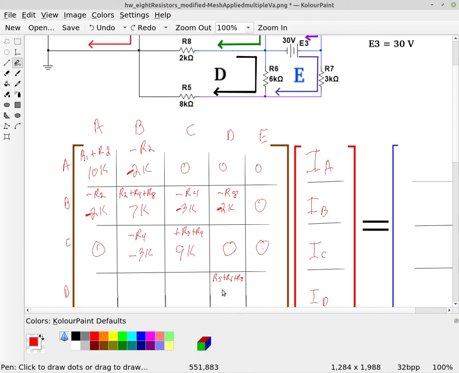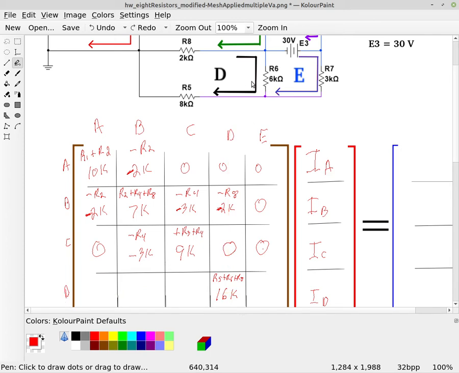So that's a 2K plus a 6K plus an 8K. 2 and 8 is 10 plus another 6, so that's going to be a 16K. And again, this is positive because this is the spot where the column and the row are both the same letter.